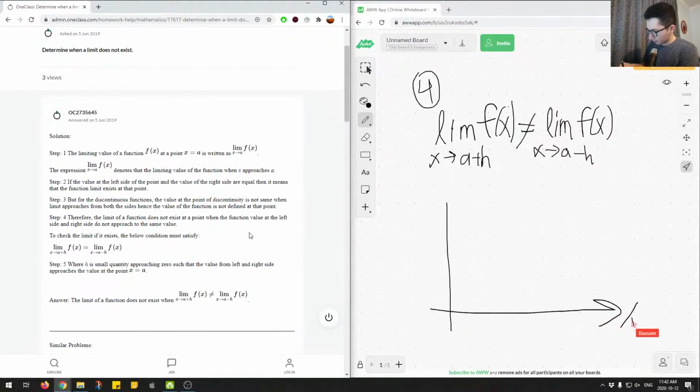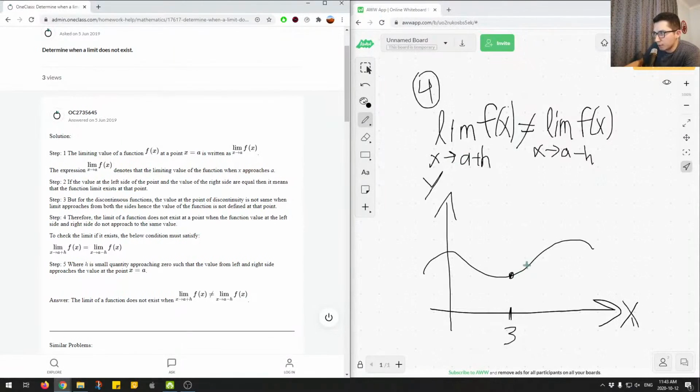Okay, so let's say we had the following plane. We have x and we have y. We have some function, let's say f at x, and let's say this is the point x equals 3. For this function, as x tends to a, let's say a is 3 plus h, so a little bit to the right.